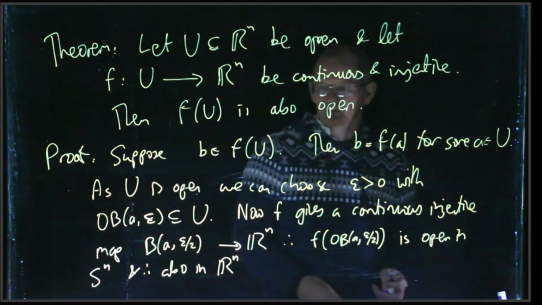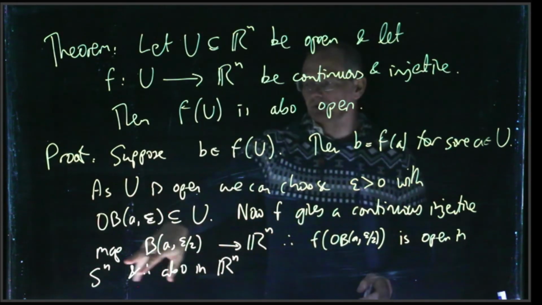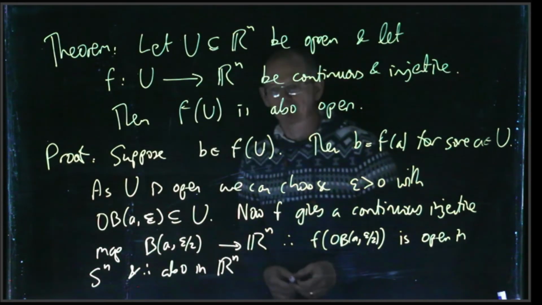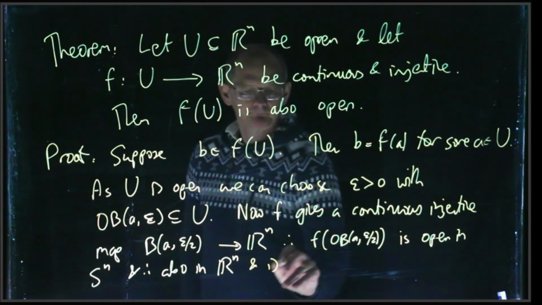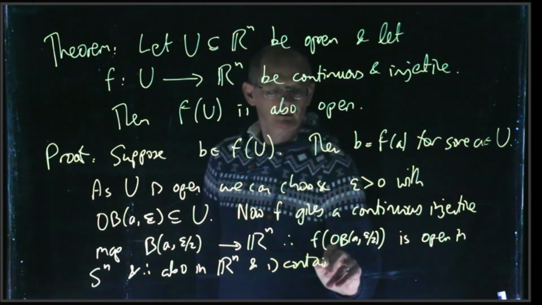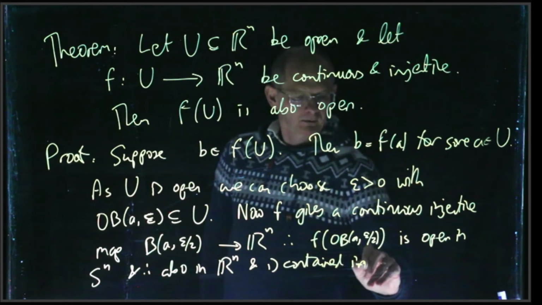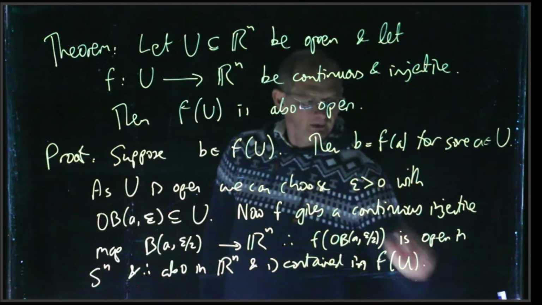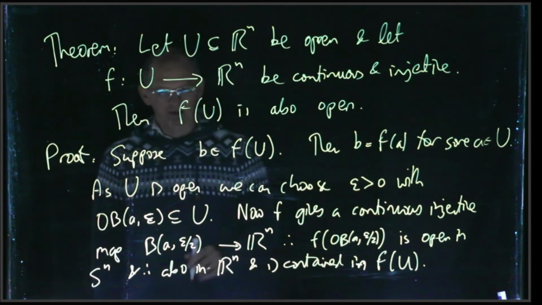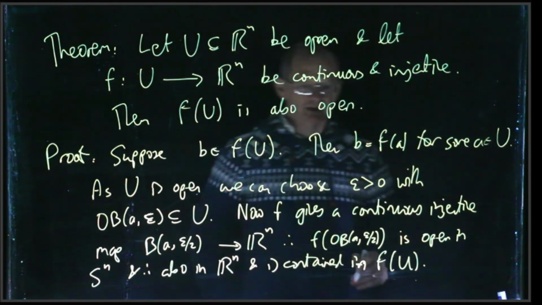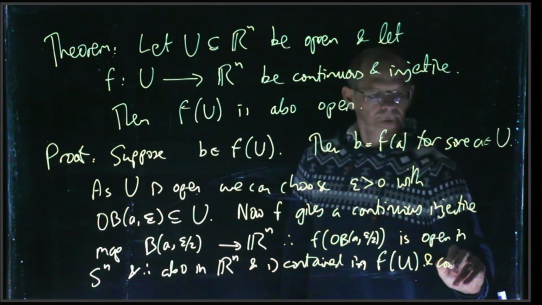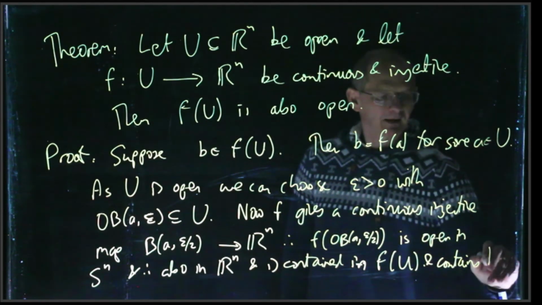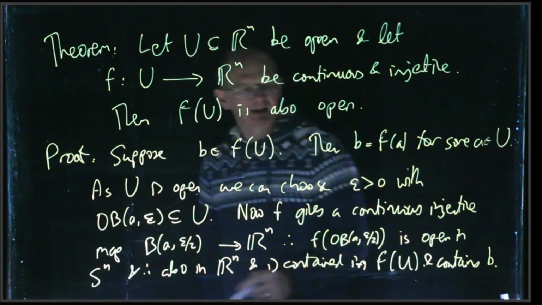So if it's open in S^n, it's also open in R^n. Okay, and it's contained in f of U. Okay, and of course this set contains B.